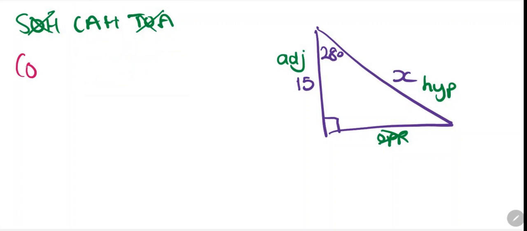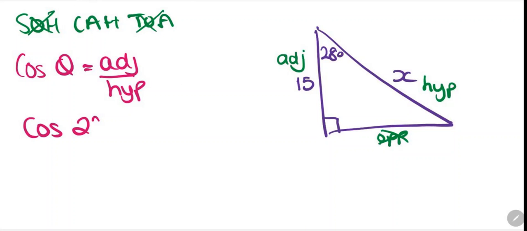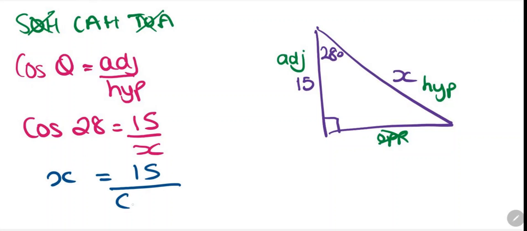So I've got cosine theta is adjacent over hypotenuse. This time substitute in the values. Cos of 28. The adjacent is 15, and this time I don't know the hypotenuse. So I'm going to rearrange my formula. So x is equal to 15 divided by cos 28.